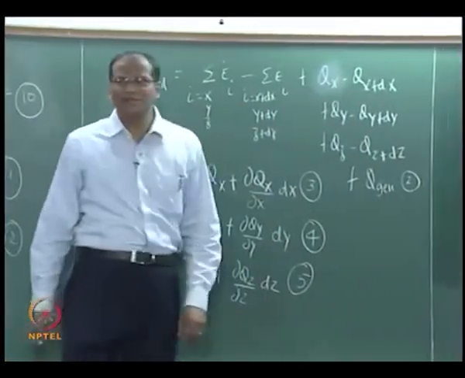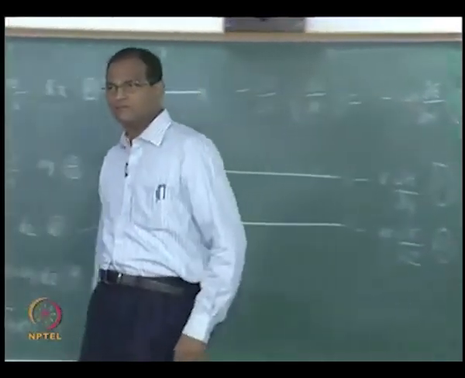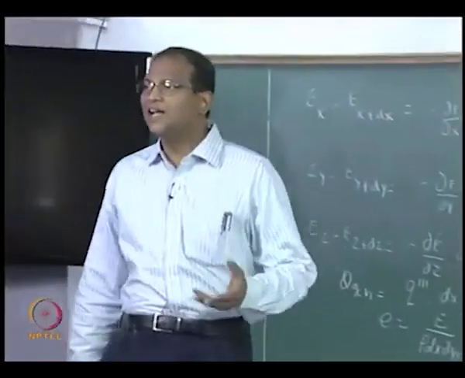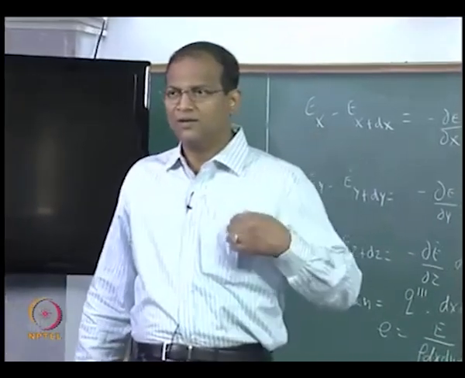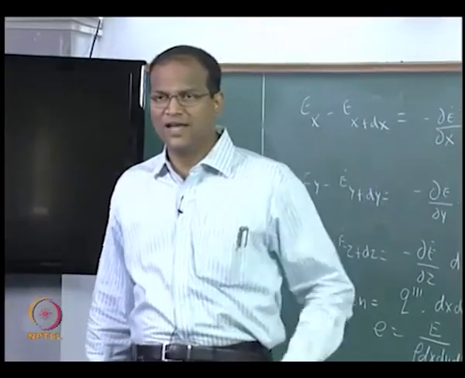Do I not have a better expression for qx? Minus k dou T by dou x. Qy is minus k dou T by dou y. Qz is minus k dou T by dou z.